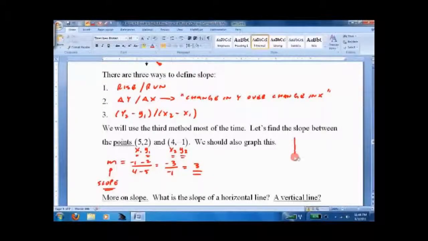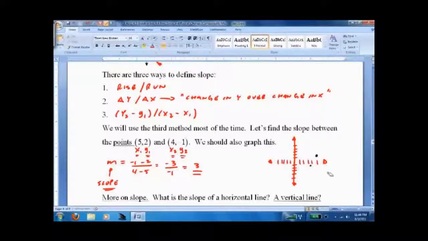So let's graph to see what we got for slope. We're not graphing anything complicated. We're just connecting dots here. We got 5, 2, and 4, negative 1. So 5 over, 2 up, and 4 over, 1 down.